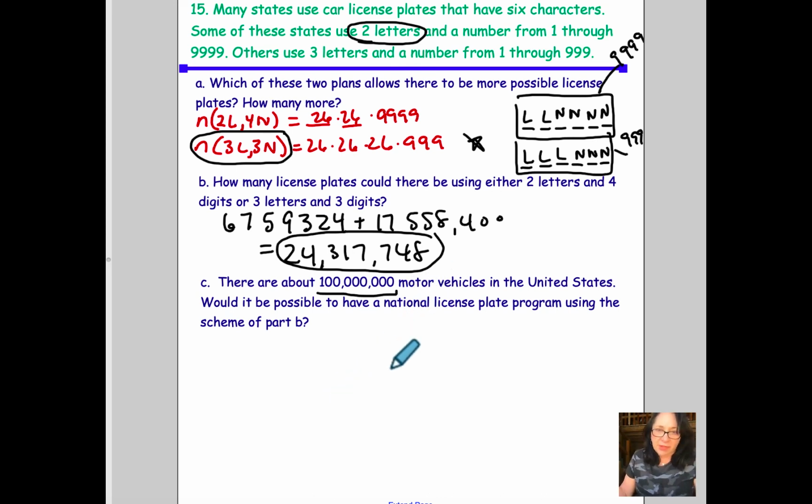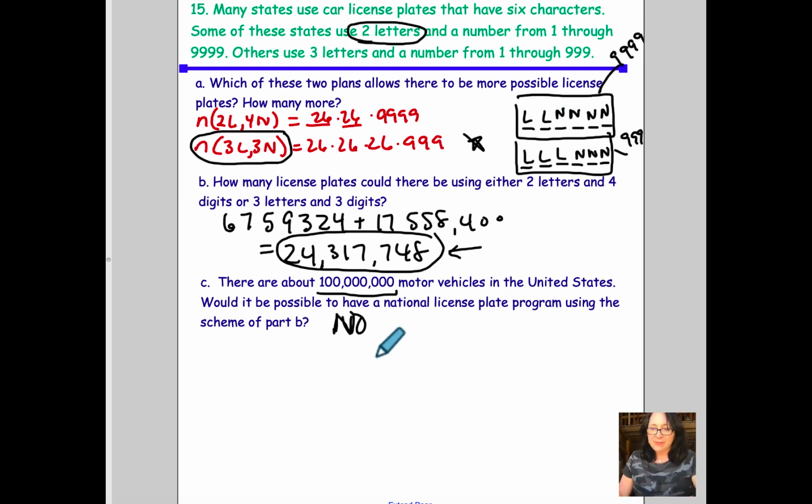I would definitely say not, right? Because if we have at least 100 million motor vehicles, and we only have the option for 24 million license plates, that's a huge deal. And so that would be a definite no. We need a different option, because this would not work for our state.